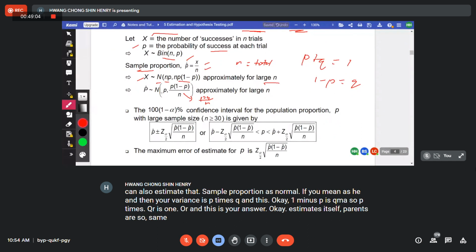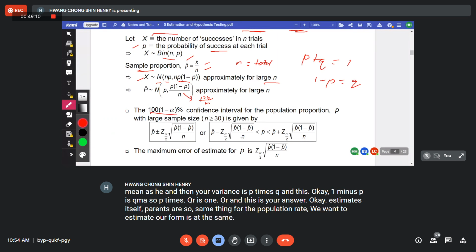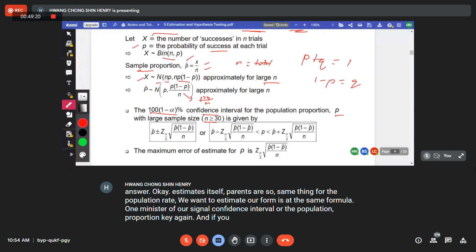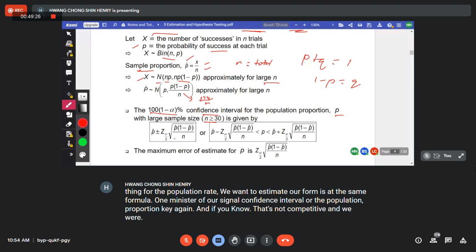Same thing for the population proportion. You want to estimate it using the same approach: the 1 minus alpha percent confidence interval for the population proportion P, again where N is more than 30, is given by this formula. Compared to the mu, we almost had the same formula.